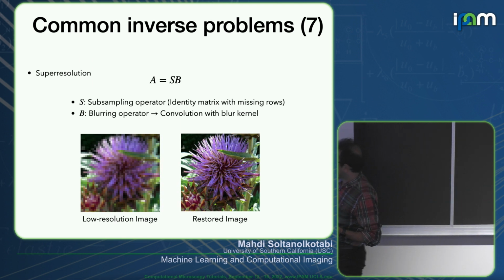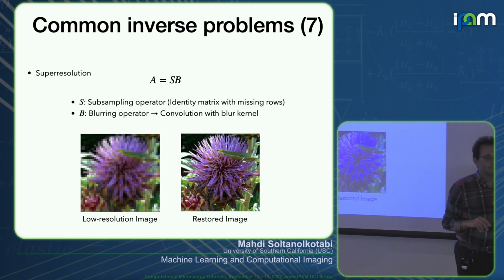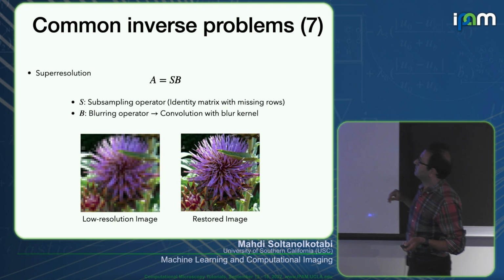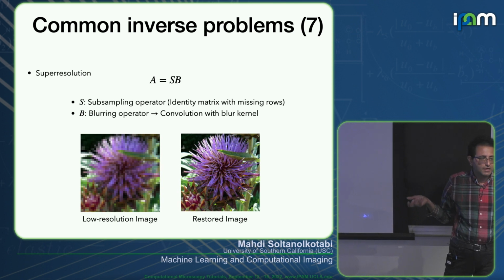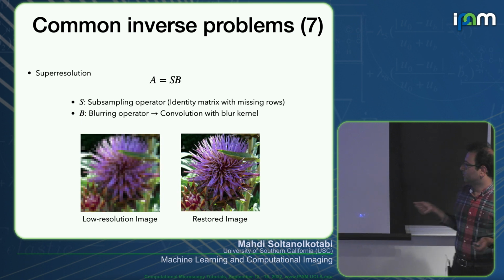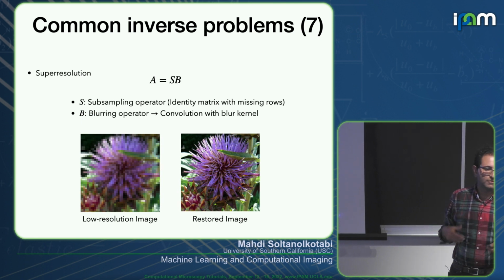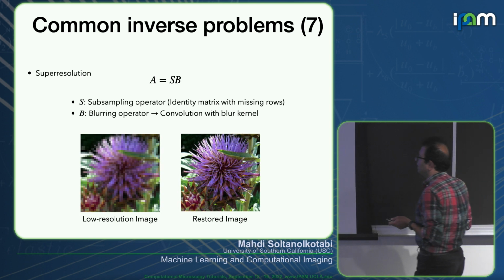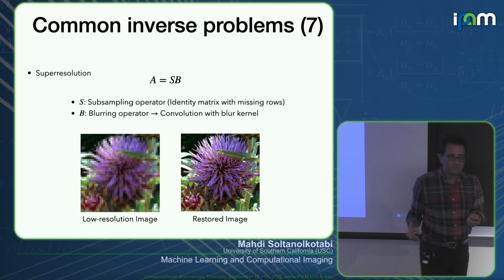So at least some of these problems you can model as linear, right? Where it's a product of a subsampling matrix plus a blurring linear operation, right? So that's, for example, B here is like convolving with a blur kernel, right? So this also fits the linear inverse problem model.